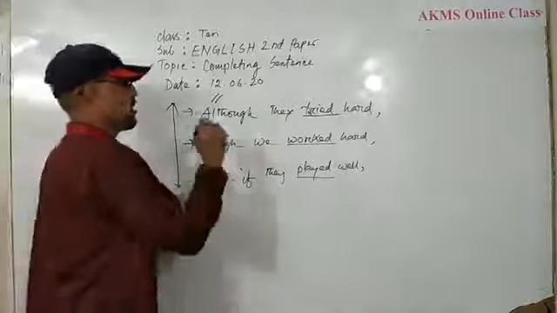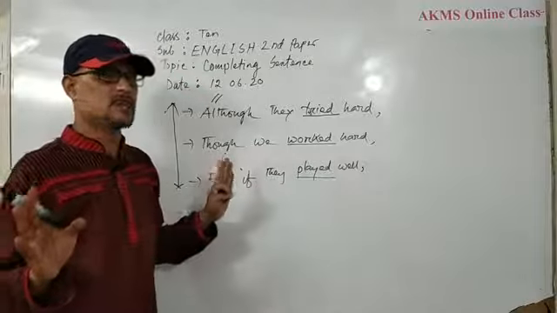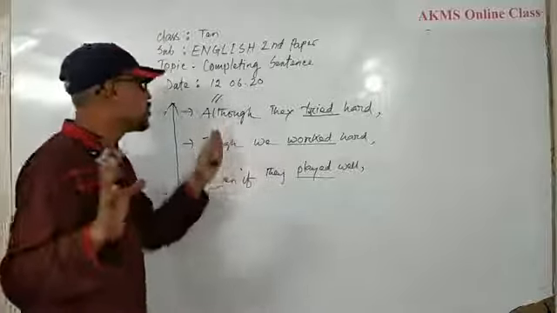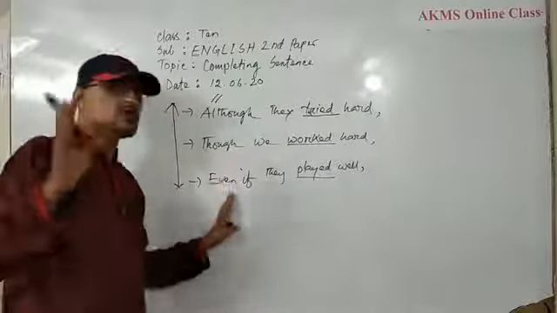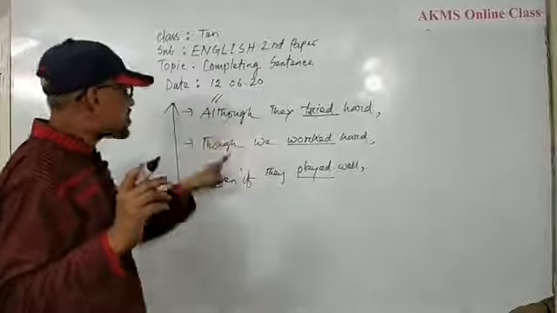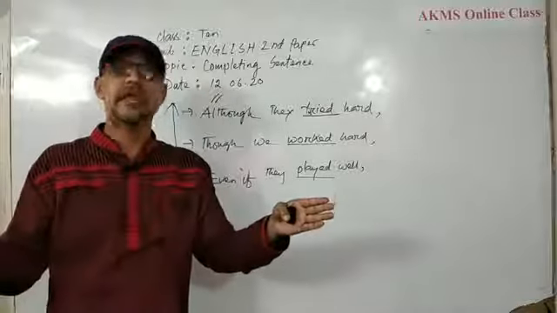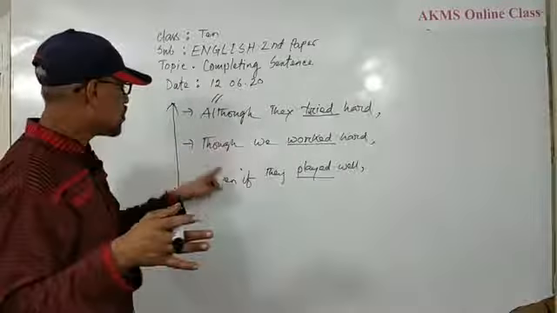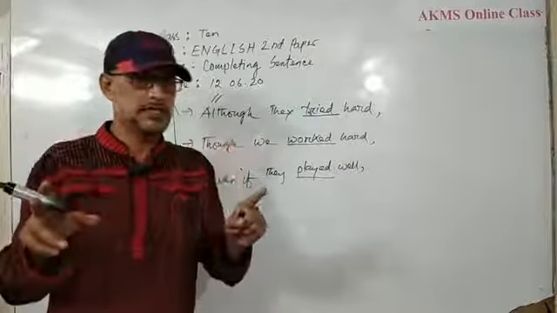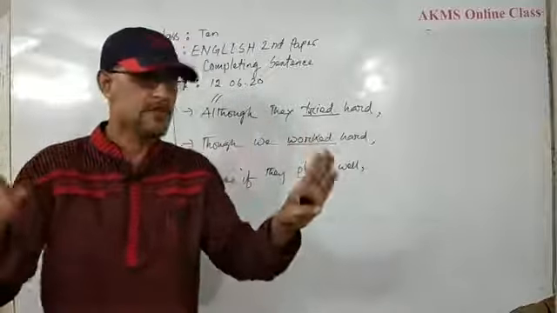Dears, if you find any sentence that has been joined with though, although, and even if, you should know that these three conjunctions combine two clauses of opposite meaning, not the same or similar meaning.